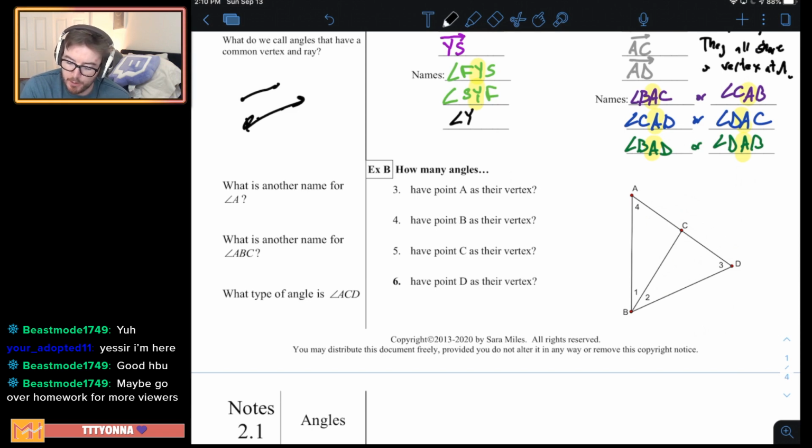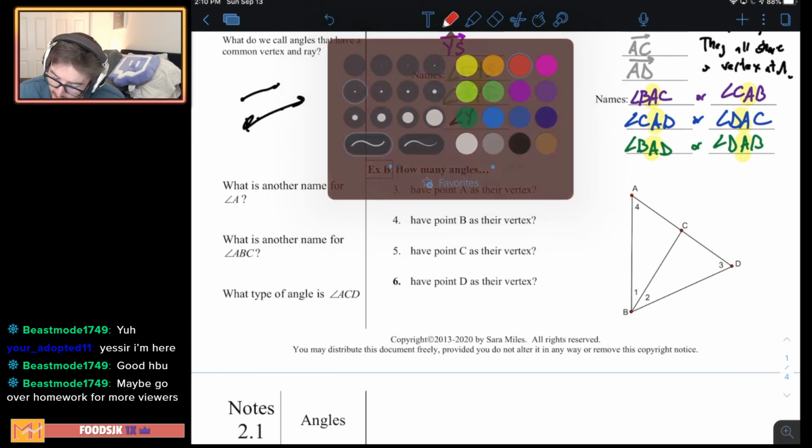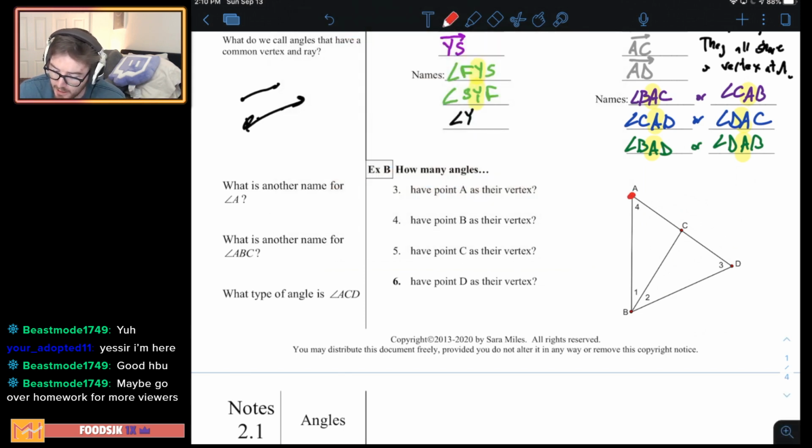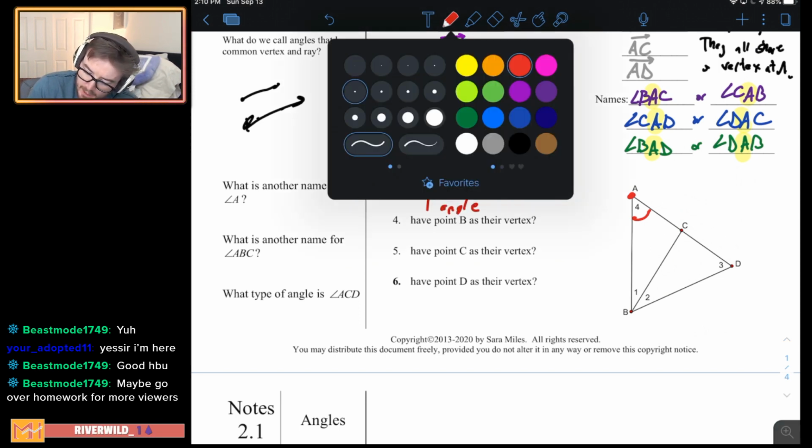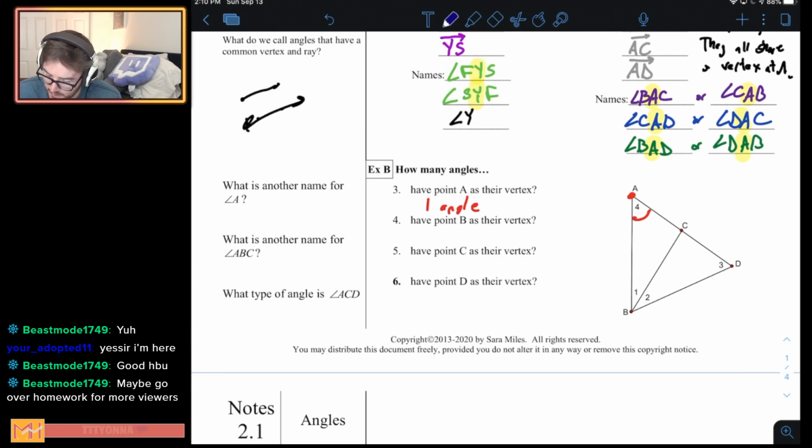So, how many angles have point A as a vertex? Here's point A. It appears there's only the one. How many have point B as a vertex? It appears to be 1, 2, 3 angles have B as a vertex.